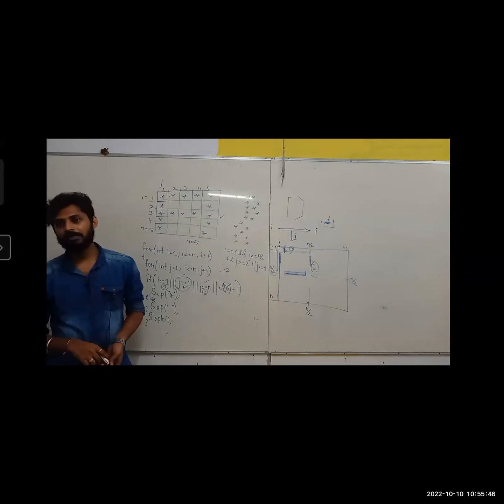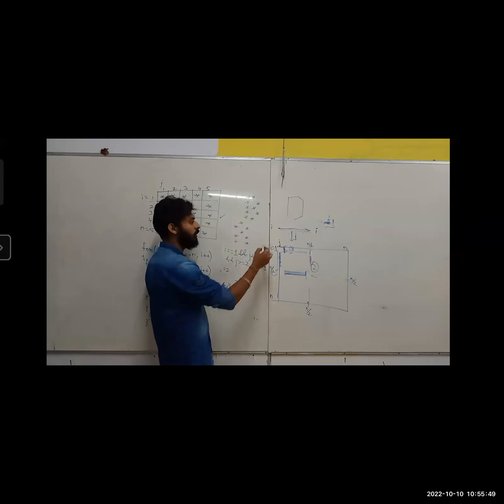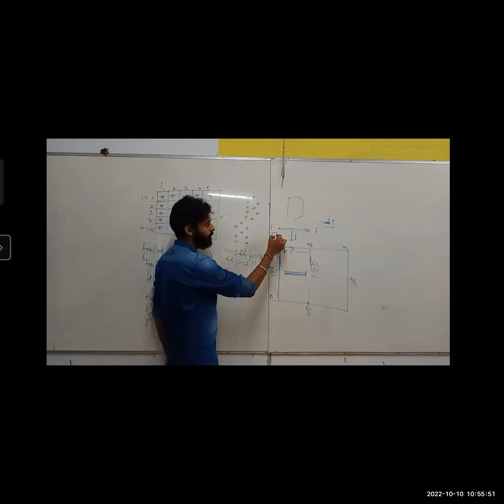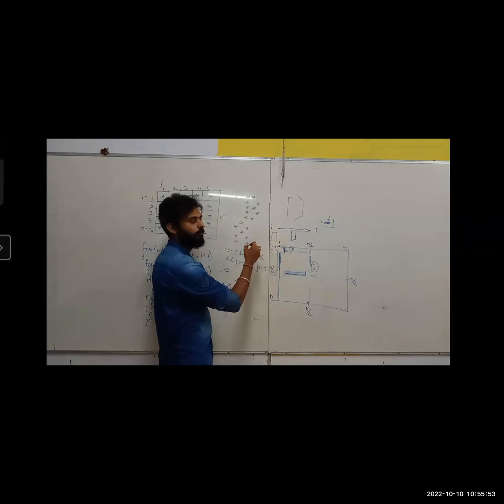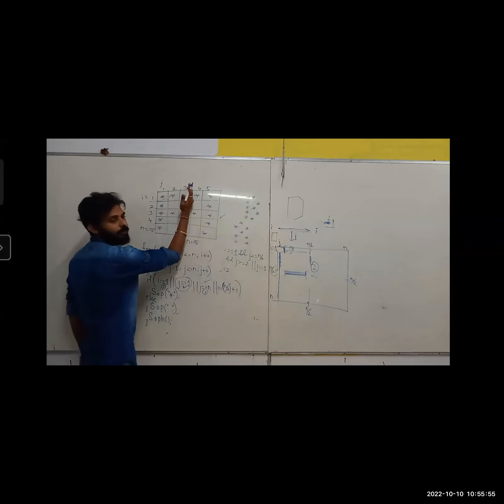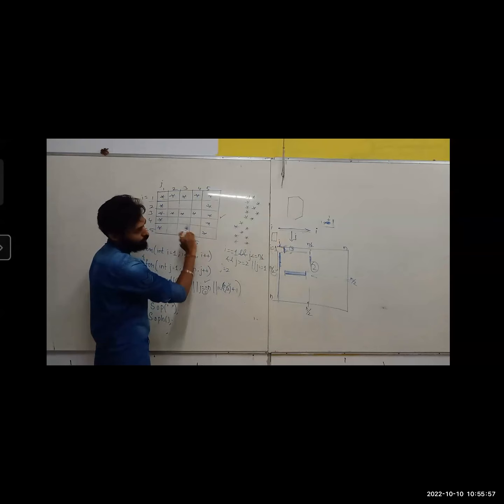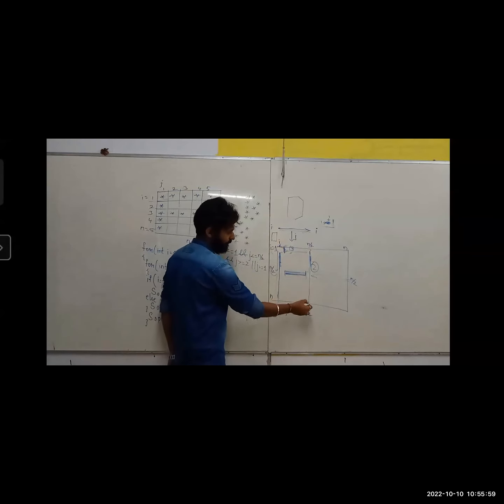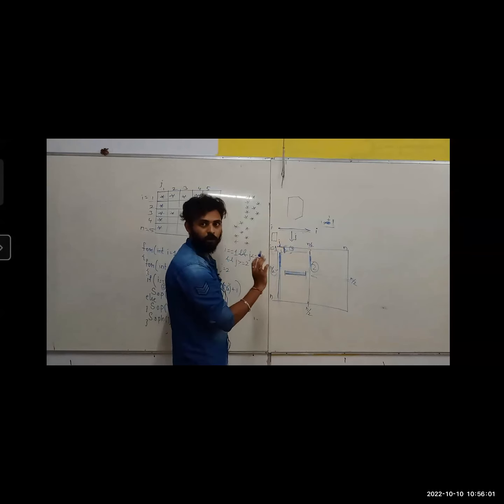What big deal is there? All of you know how to print O or 0. Means this one, means till Q. This right side part I don't want, or otherwise this diagram exactly. And what else I should do?